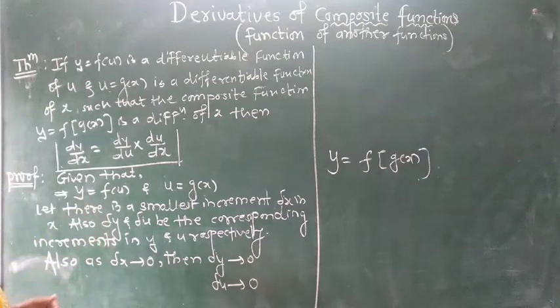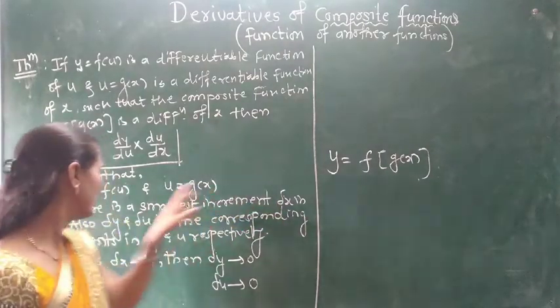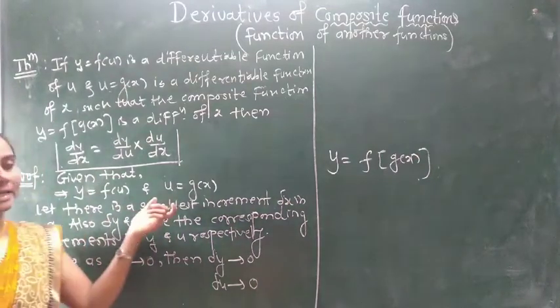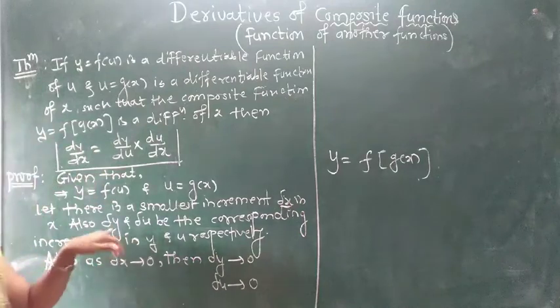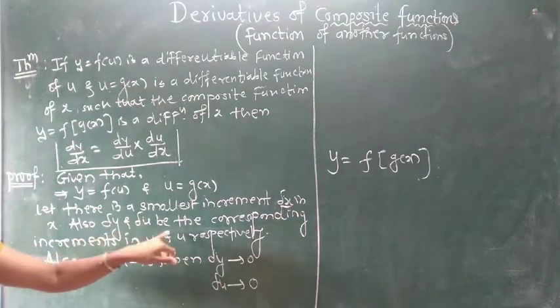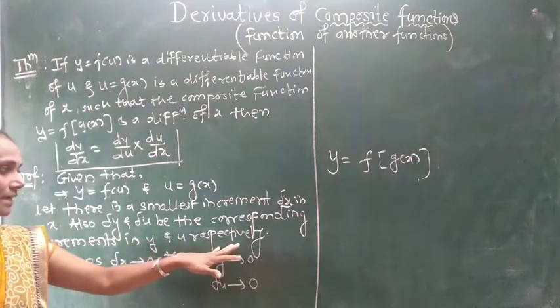Here we consider a smallest increment delta x in x. Also, delta y and delta u be the corresponding increments in y and u respectively.